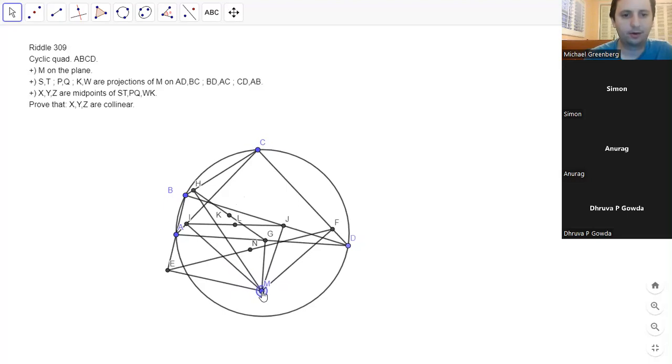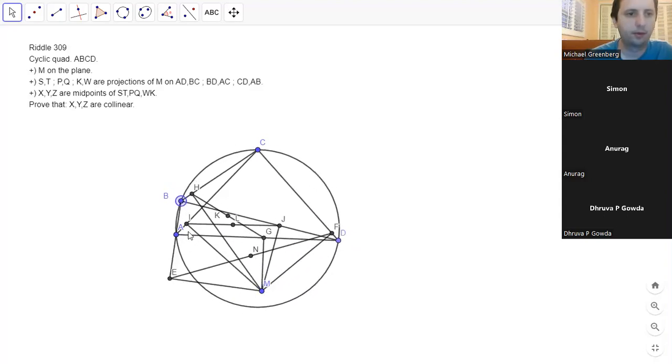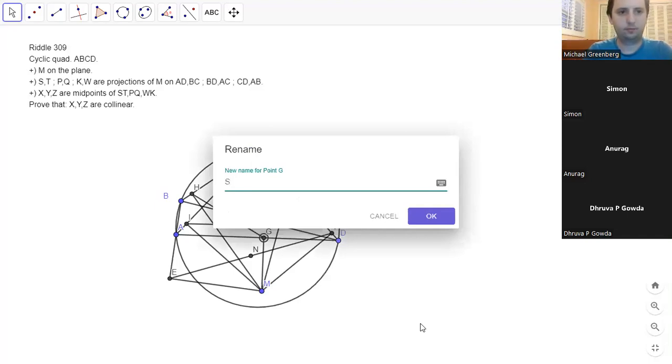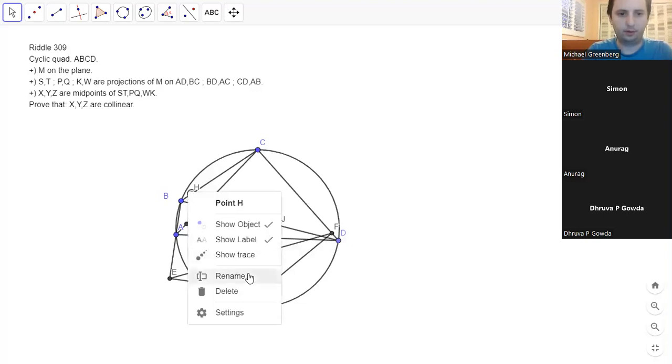Yeah, where should I start? We have a lot of cyclic quadrilaterals. If we intersect things, this would be a cyclic quadrilateral, and this would be one, and this would be one. It looks like there's a whole bunch of them. I should rename the points to be what they actually are in the problem. So this is S and that's T, AD and BC.